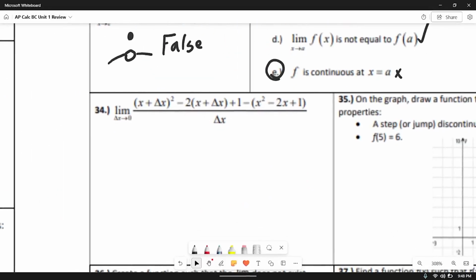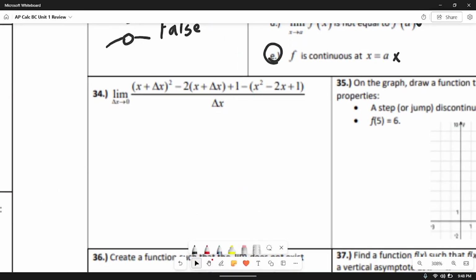Alright, so now we have a pretty long limit, which is going to be really helpful to know how to solve when we get to derivatives, but this might show up on a Unit 1 test. That's why we are covering it. So we have the limit as delta x approaches 0, and I'm going to just expand out everything.